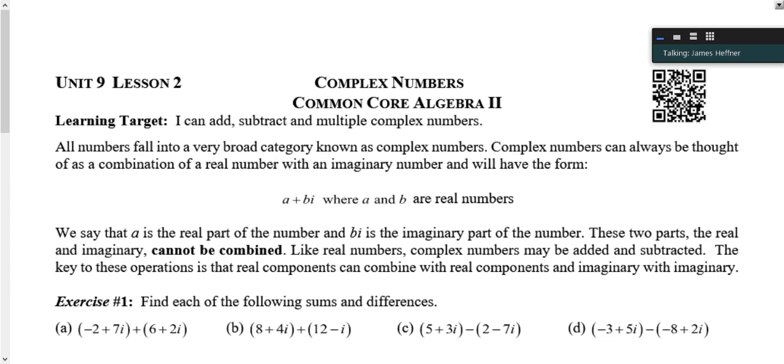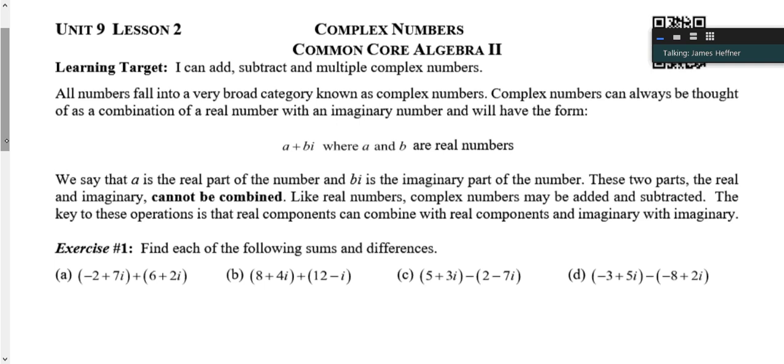Okay, so we know what i is, the square root of -1. And if we combine the imaginary number i with real numbers, we get what are known as complex numbers. It's a whole other number system, a combination of real numbers and imaginary. It goes in this form here, a plus bi.